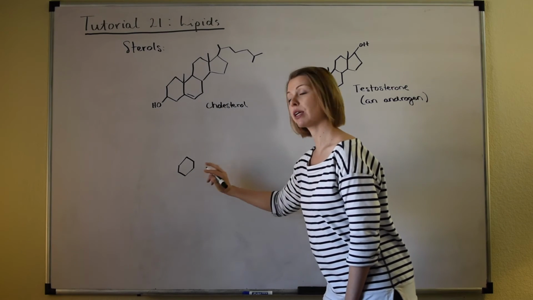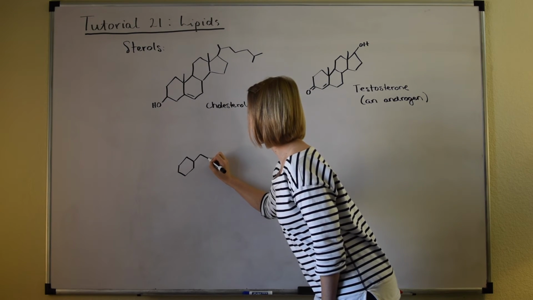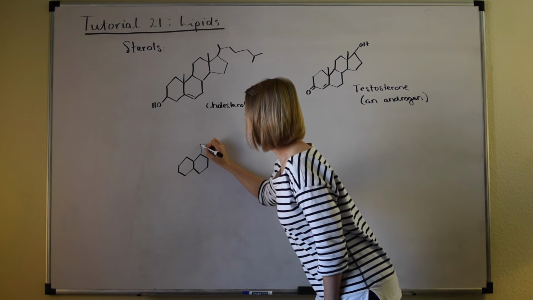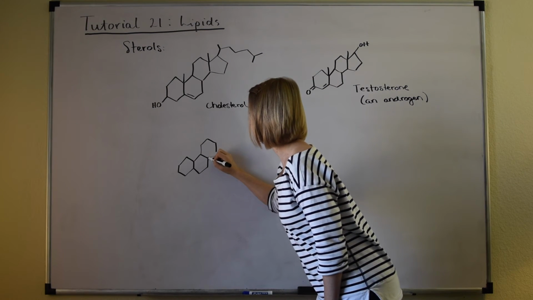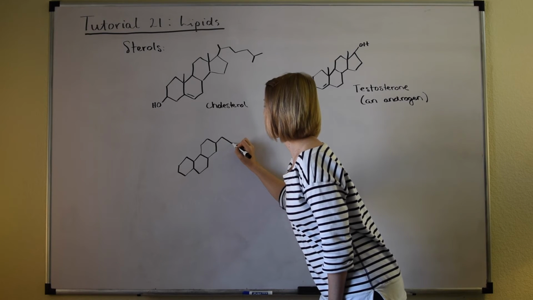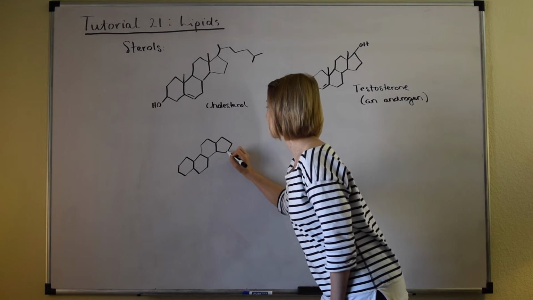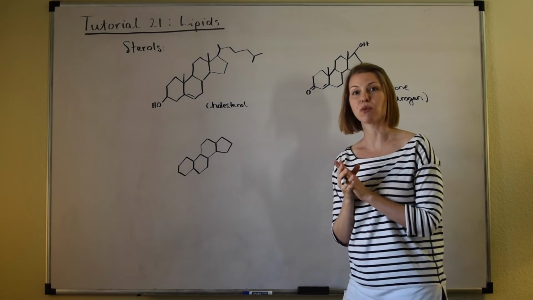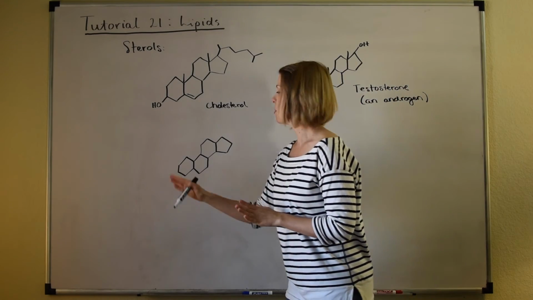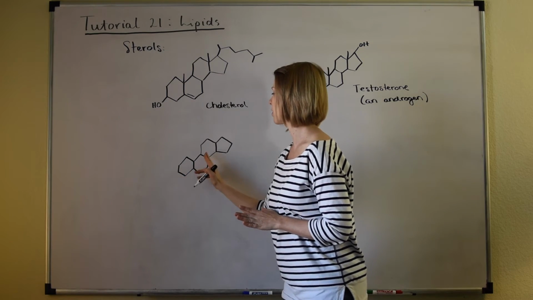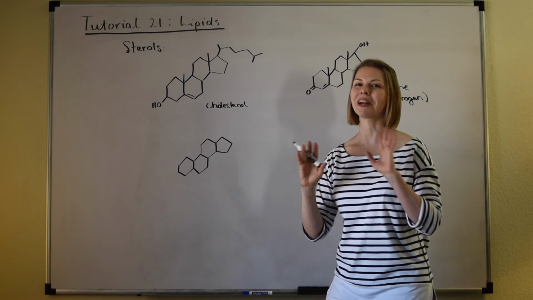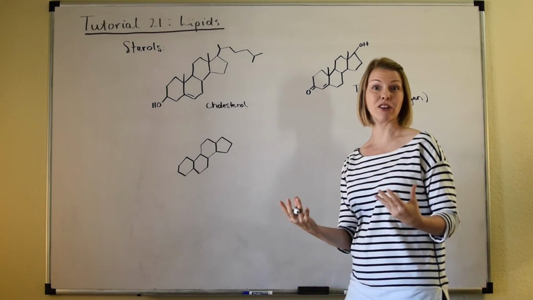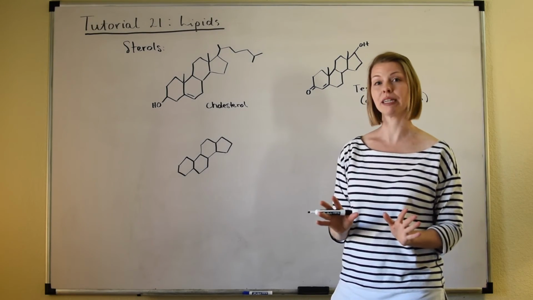It's a 6-membered ring, followed by another 6-membered ring, followed by another 6-membered ring, and finally a 5-membered ring. So 6, 6, 6, and 5. And I had a very clever student once who said she remembered this by saying to herself, honeycomb, honeycomb, honeycomb, house. Whatever helps you remember that general structure for a sterol. They're all going to have that in common.